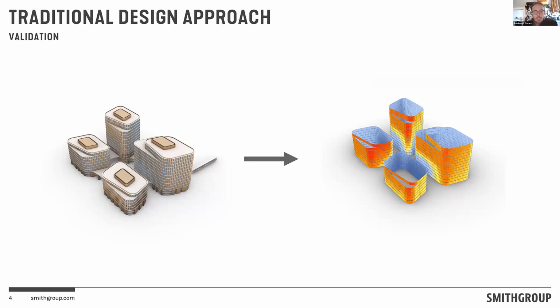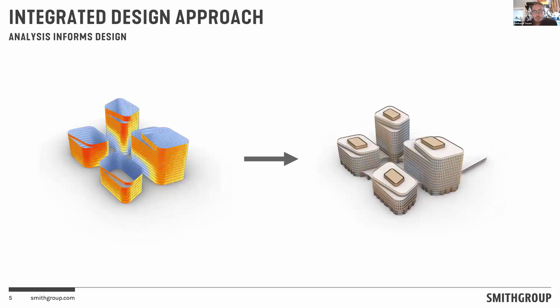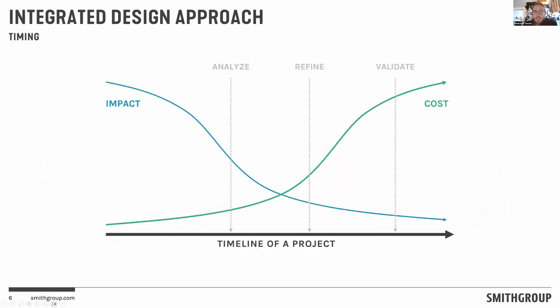A better way of working would be to flip this process, to have the analysis run in advance preemptively, or at the very least at the same time as the architecture team is designing their building, so that we can inform decisions such as window to wall ratio, massing, orientation, and different programming. All these things, from a daylighting and energy standpoint in our particular case, have a performance impact on the architectural design decisions.